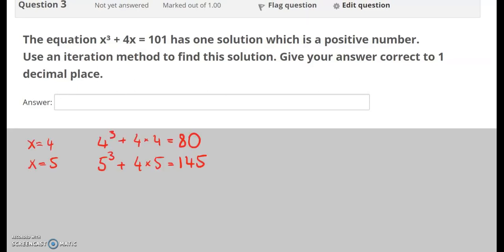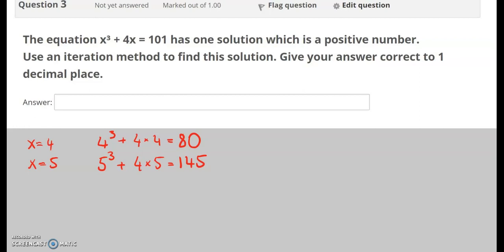We know that the solution will sit between 4 and 5, and we are asked to write this correct to 1 decimal place. So we will continue. Now, what decimal is that, which is between 4 and 5, and gives us an answer very close to 101? So we could go for 4.1, 4.2, 4.3, and so on.